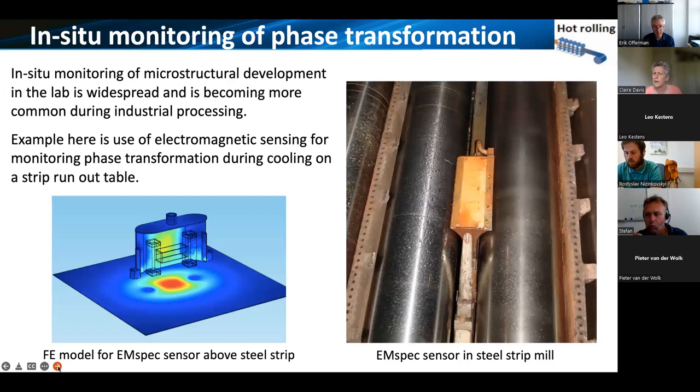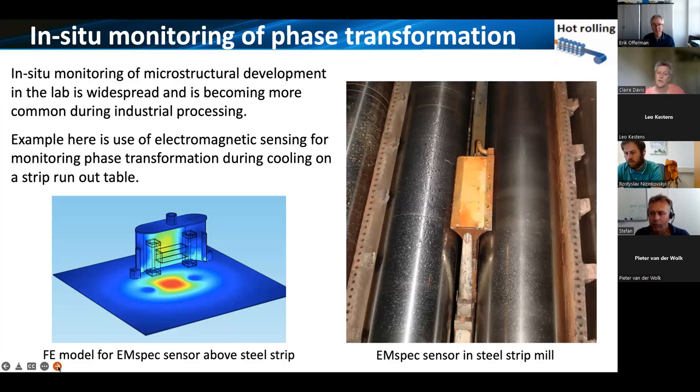A little bit more about in situ monitoring. This is slightly less direct, but it's still a very good example for phase transformation monitoring. This is some of the work that we do in the group using electromagnetic sensors. Here's an example of a sensor that's fitted into a run-out table for a hot strip mill.